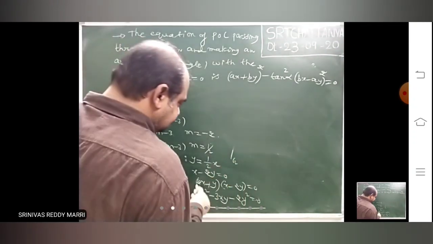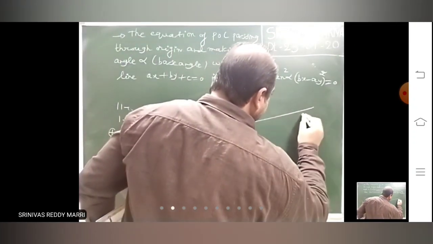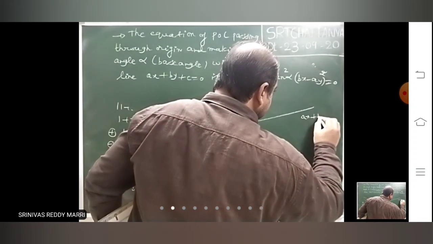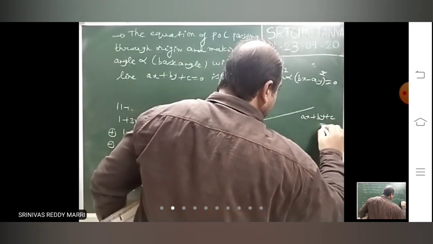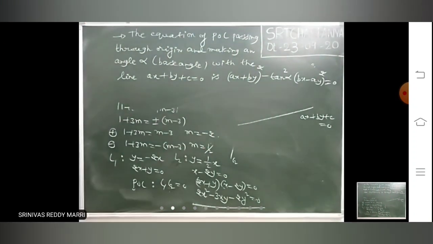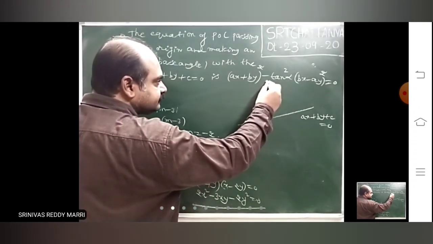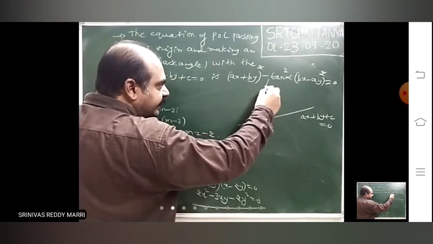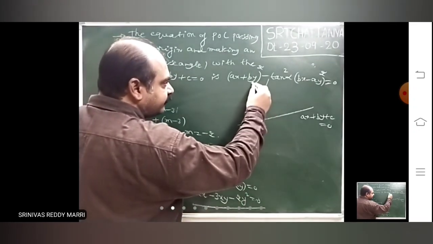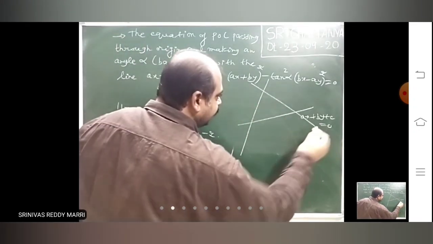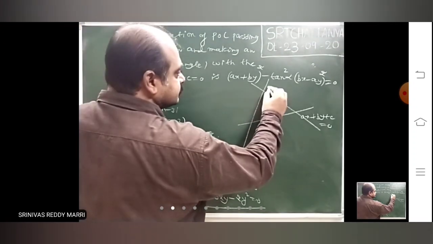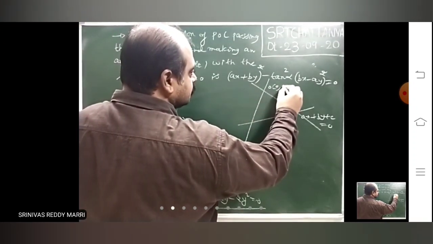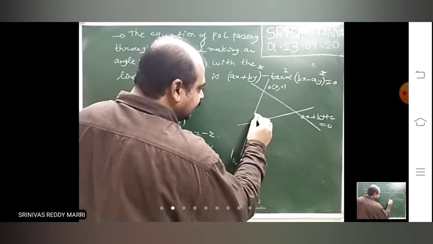Okay, when we will use this? In the same problem, one line is there. You want to find two lines passing through origin and making an angle alpha.